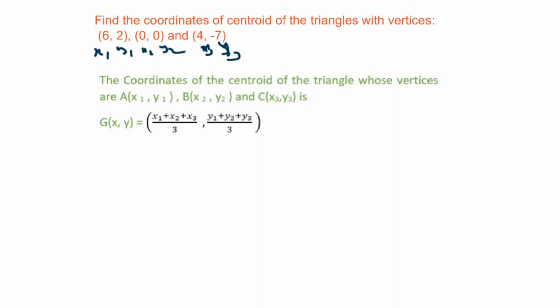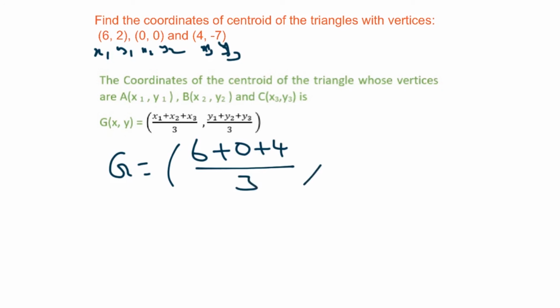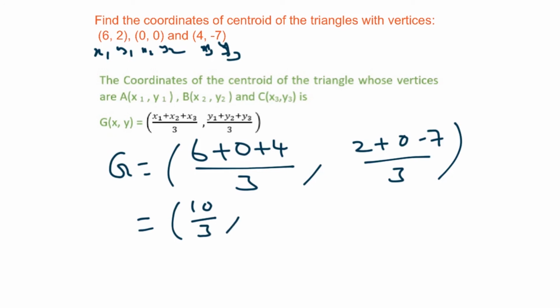So let us substitute in this formula. x1 is 6, x2 is 0, x3 is 4, divided by 3, y1 is 2, y2 is 0, y3 is -7, divided by 3. So 6 plus 4 is 10, 10 divided by 3, and 2 minus 7 is -5, divided by 3.